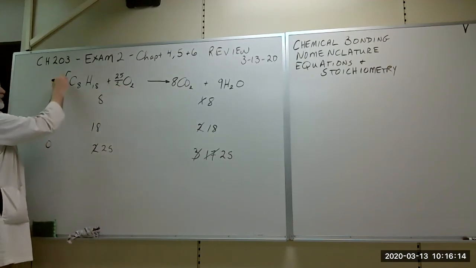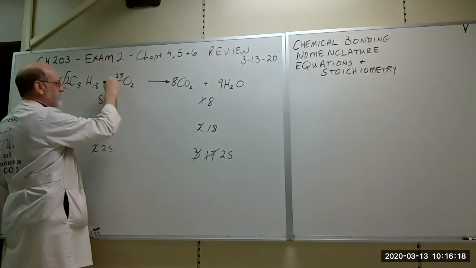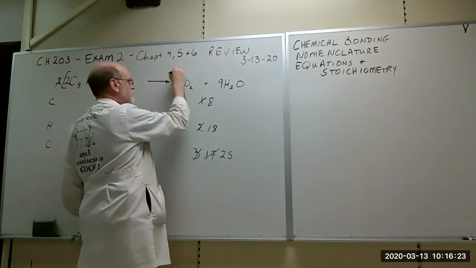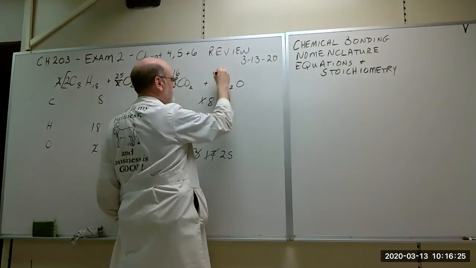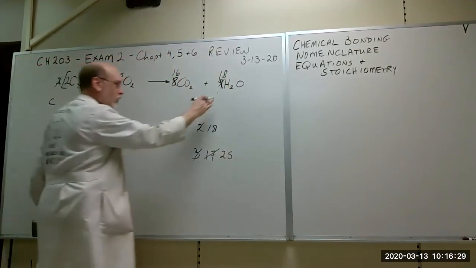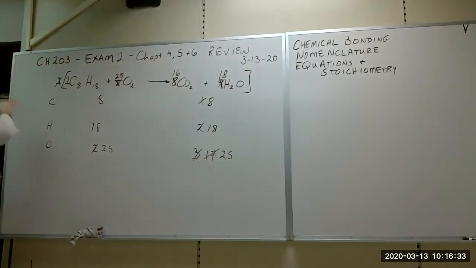Right? So the 2 comes in here. The 2 gets rid of the fraction here, so you're left with 25. 2 times 8 is 16, and 2 times 9 is 18. We were balanced before we did that. And if we multiply everything in the equation by the same number, we're still balanced.